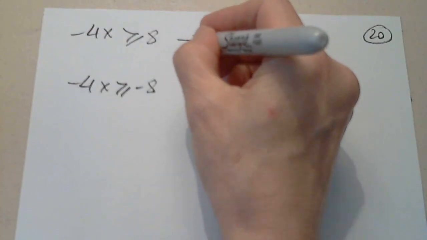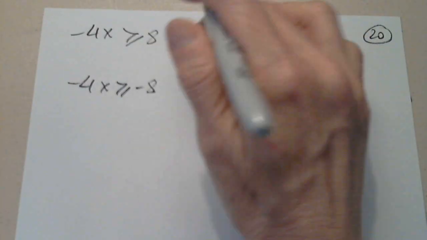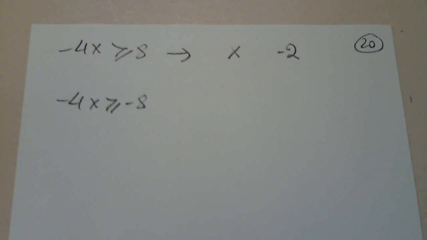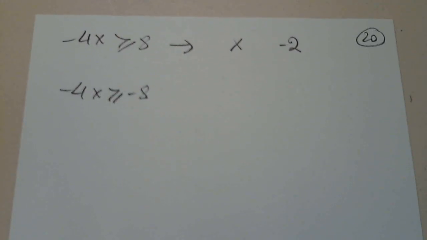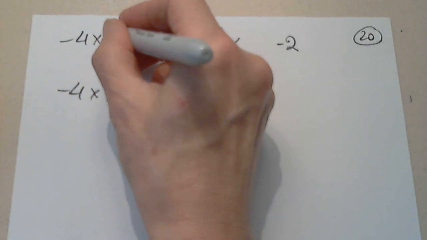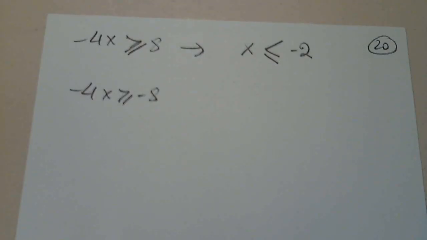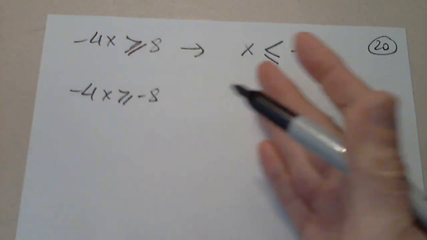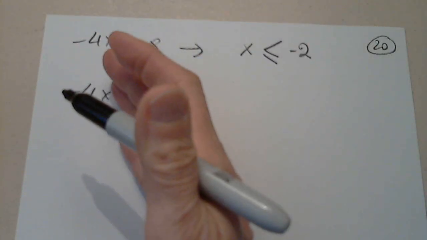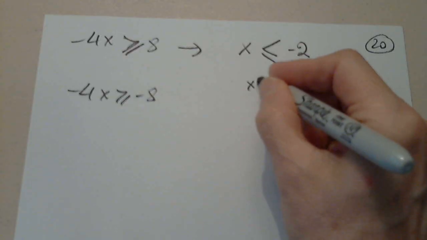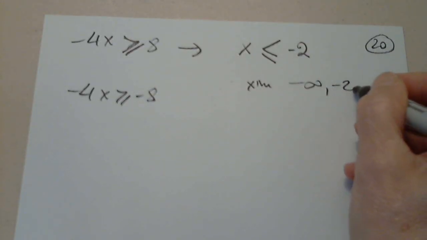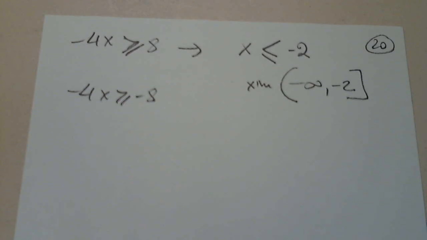Very good. So when I do that, the left-hand side is x, the right-hand side is negative 2. What do I need to do next? Flip the sign. Yes, from greater than or equal to, to less than or equal to. And now from negative infinity to negative 2, because it has to be all to the left of negative 2. x in the interval, negative infinity, negative 2 with a bracket. Very good.